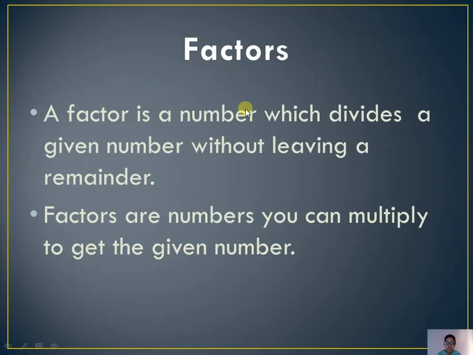So what we have learned is that a factor is a number which divides a given number without leaving a remainder. Or we can say factors are numbers you can multiply to get the given number.